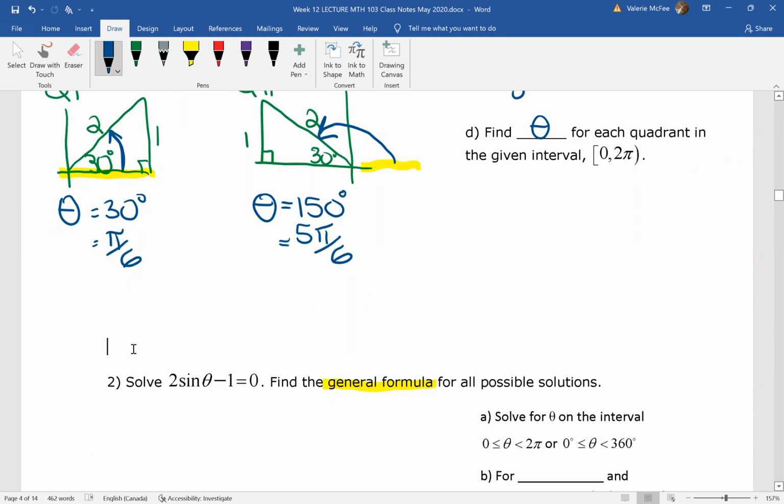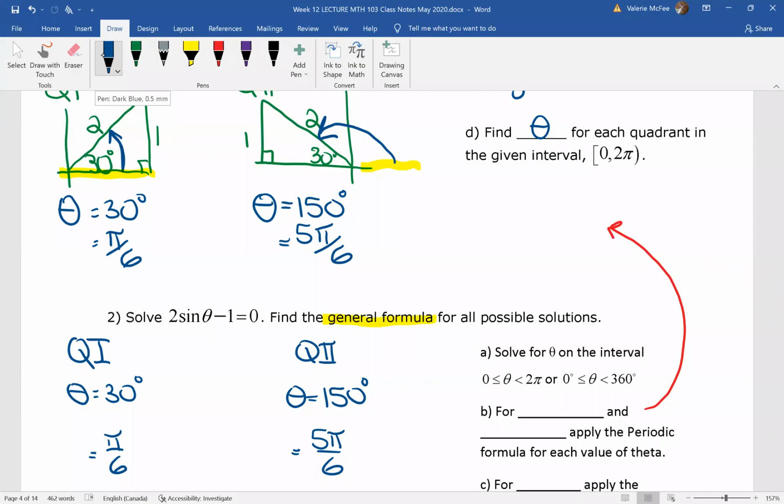Now, the next question asks us to find the general formula. The first thing we want to do is solve for theta on the interval 0 to 2 pi radians. We did that already. That's what we did here. We found that in quadrant 1, theta was 30 degrees or pi by 6 radians.